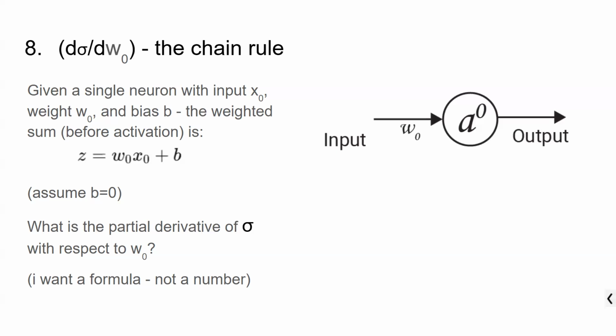Sigma of this, it's one minus sigma of... that's I0.